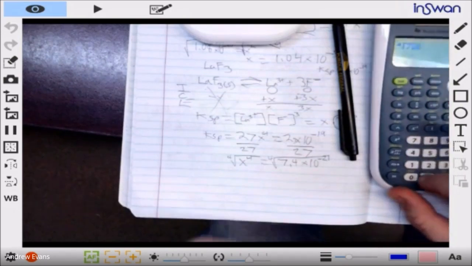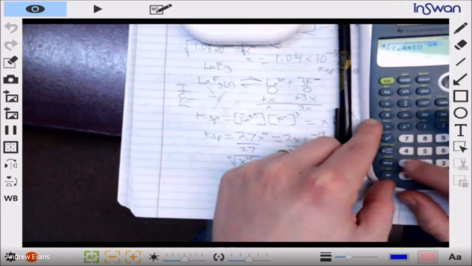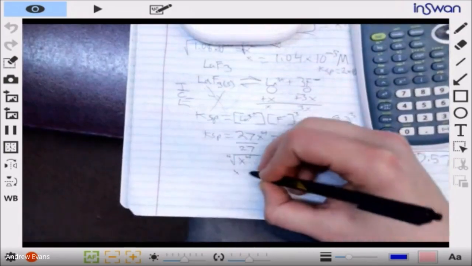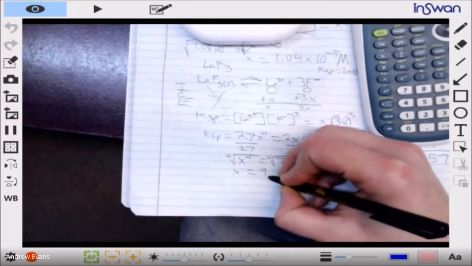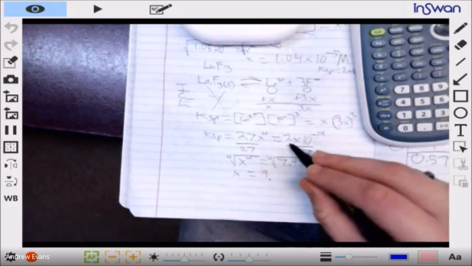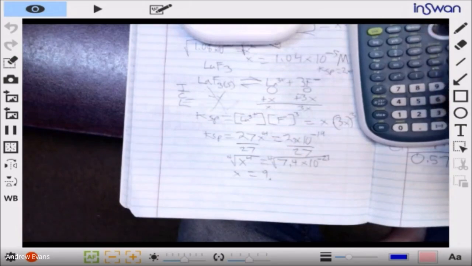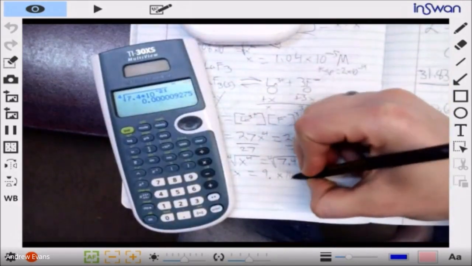Okay, 7.4 times 10 to the negative 21. And we get X is going to be 9, we'll say 9 because it's technically only 1 sig fig right there. 9 times 10 to the negative 6.